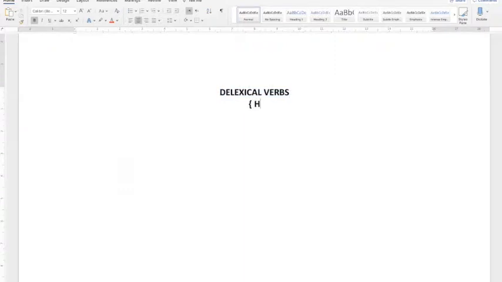First of all, we can have the word have, we can have the verb take, give, we can also have the verb such as make, go, and do. So these are some of the verbs that are called delexical verbs.